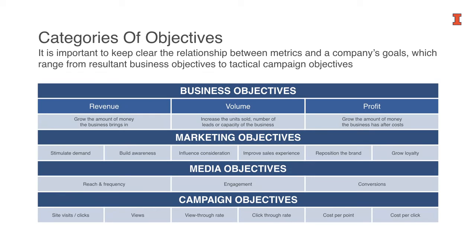The media tools or objectives that we have that sit below those marketing objectives, reach and frequency, engagement, conversions, these sorts of things drive us toward those marketing objectives, which again ultimately result in a CBO. And then we should be setting objectives at a campaign level as well.